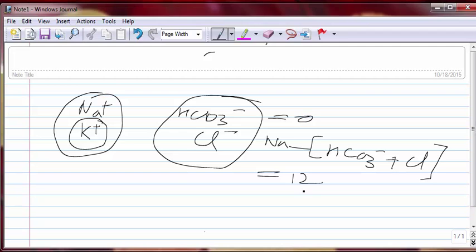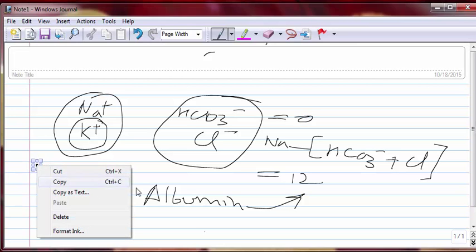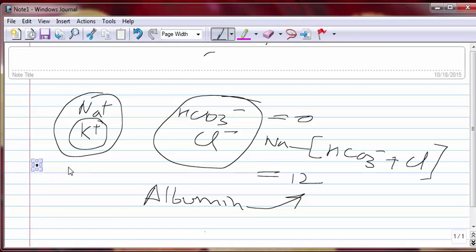So what is it which is actually governing this? Well, the answer is albumin. We don't consider albumin here, but albumin is actually contributing to the normal anion gap in the body. One very important thing I need to mention is that our normal serum albumin average is 4.